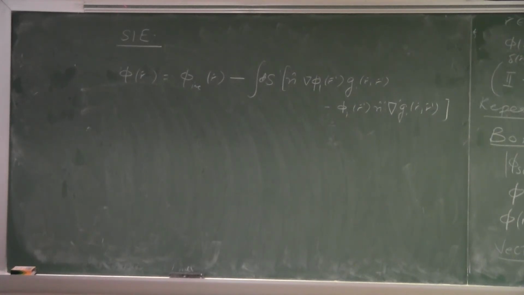If you have a PEC, n cross E is equal to 0, so no magnetic current on that surface. If you have a PMC, n cross H is equal to 0, so no electric current. So the equivalent for the electromagnetic case is that one of the two integrals will also drop out, because they correspond to surface electric current and surface magnetic current.